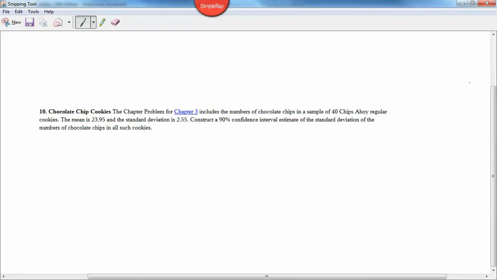All right, so for this problem, if we want to construct a 90% confidence interval estimate of the standard deviation, then the toughest part really is finding our critical chi-values, our left value and our right value. For 90%, alpha equals 1 minus 0.9, or 0.1.